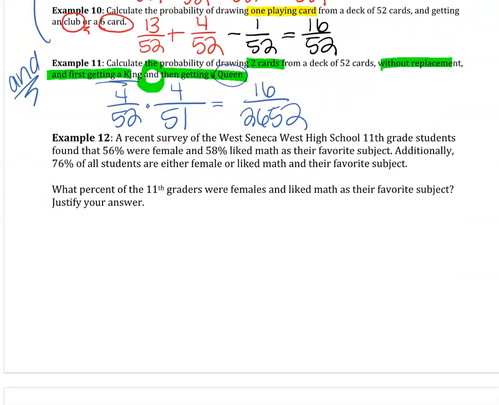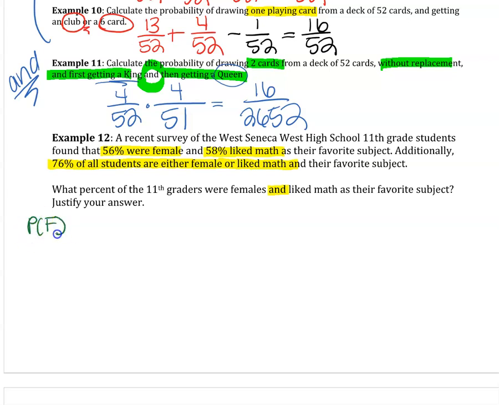So in a recent survey of West Seneca West High School 11th grade students, it was found that 56% were female, 58% liked math as their favorite subject. Additionally, 76% of all students are either female or liked math as their favorite subject. What percent of 11th graders were females and liked math as their favorite subject? And justify your answer, which just means show your work. So I'm going to list out what they gave me.